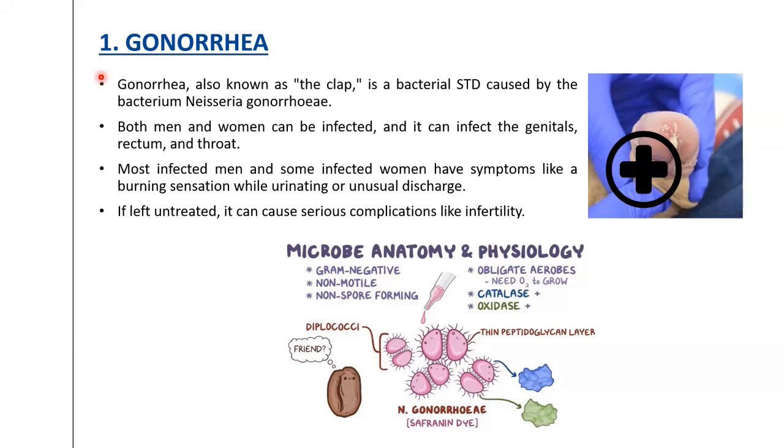The first disease categorized under the group of bacterial STDs is gonorrhea. Gonorrhea, also known as the clap, as I told, is caused by Neisseria gonorrhoeae bacteria. Both men and women can be infected. It can infect the genitals, rectum, and the throat.